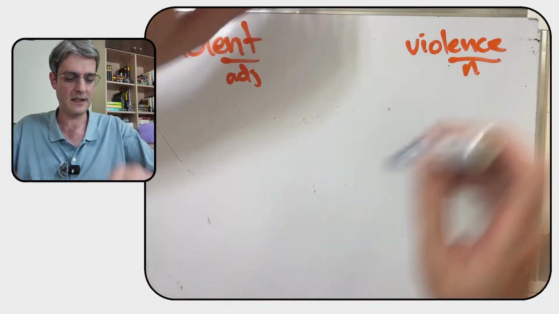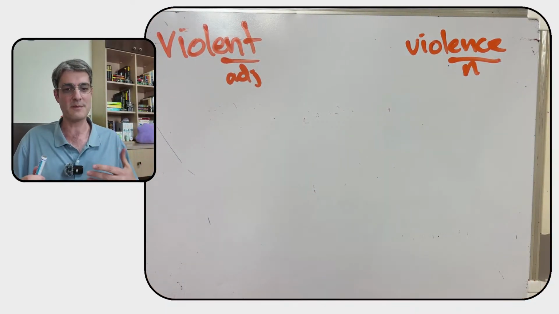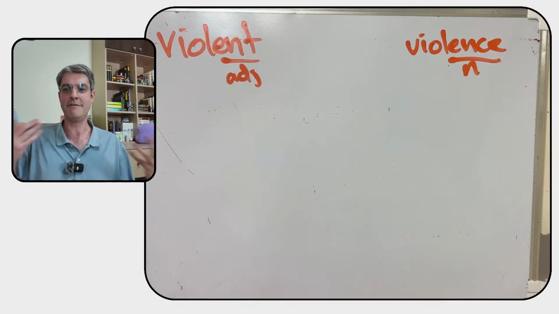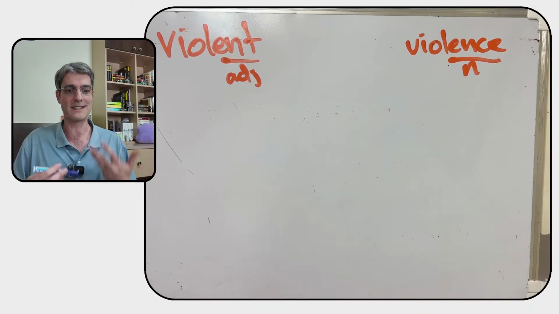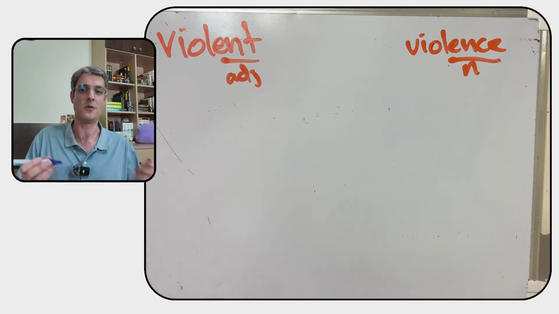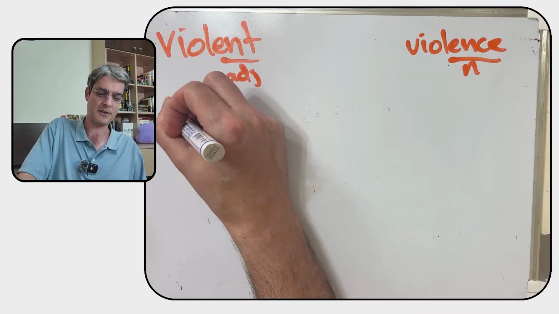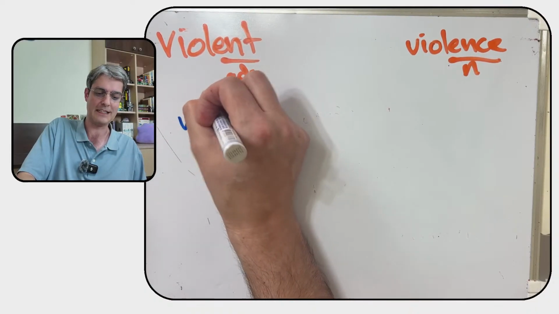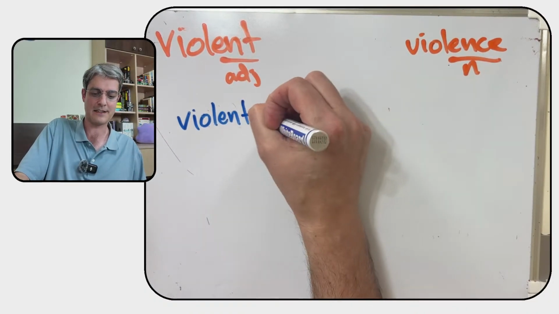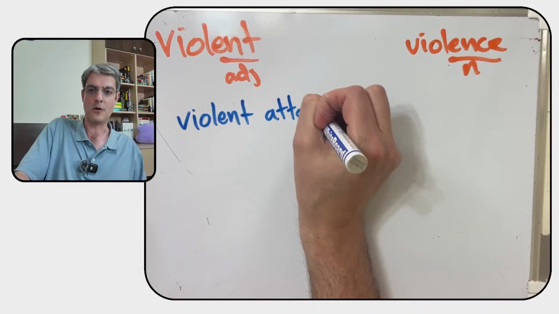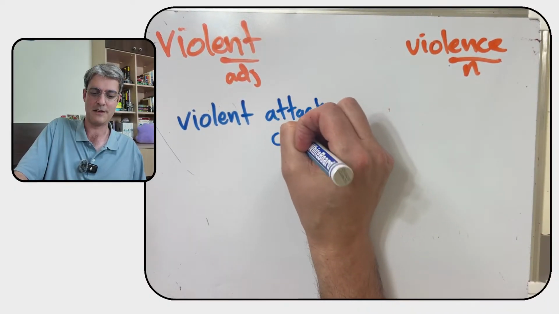And we'll see with violent, that just means involving physical force or harm, and violence, physical force used to hurt people or against people. So you'll see phrases like a violent attack or a violent crime.